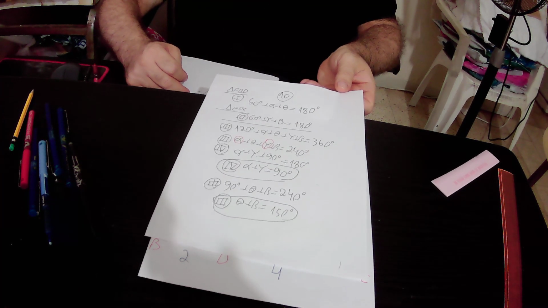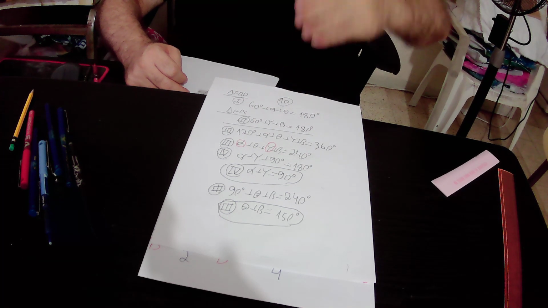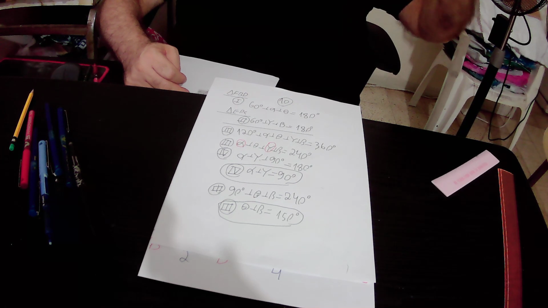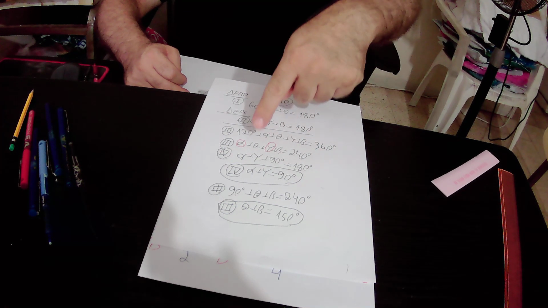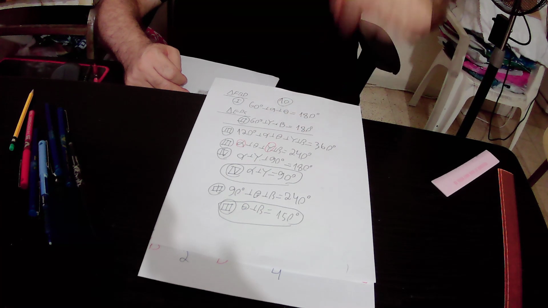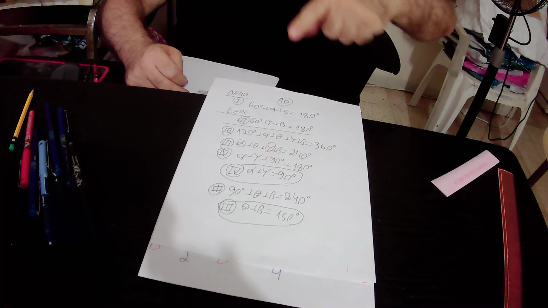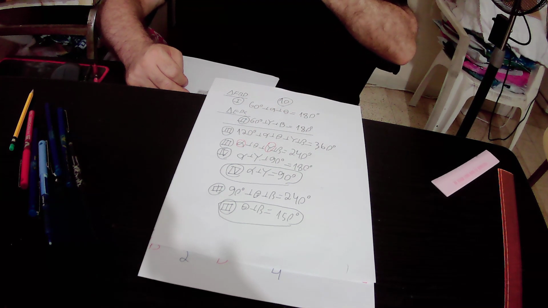So according to equation number 4, alpha plus gamma plus 90 degrees equals 180 degrees. From equation number 4 we got that alpha plus gamma equals 90 degrees.